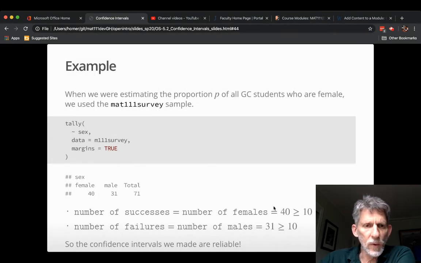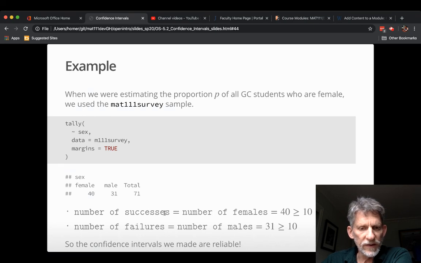As an example, when we were estimating the proportion p of all Georgetown College students who are female, we used that Math 111 survey sample, and we could just check for ourselves. We could tally up sex, data is Math 111 survey, and we find 40 females and 31 males.